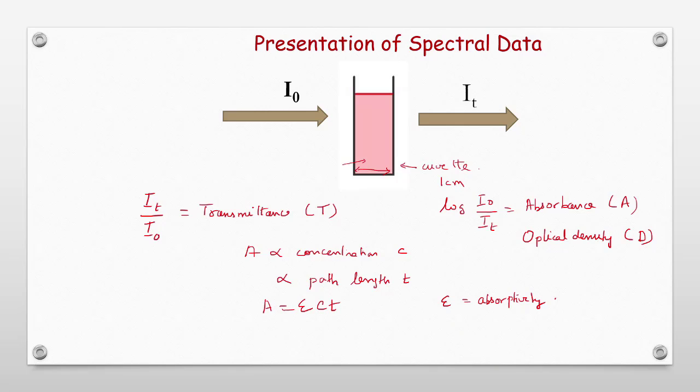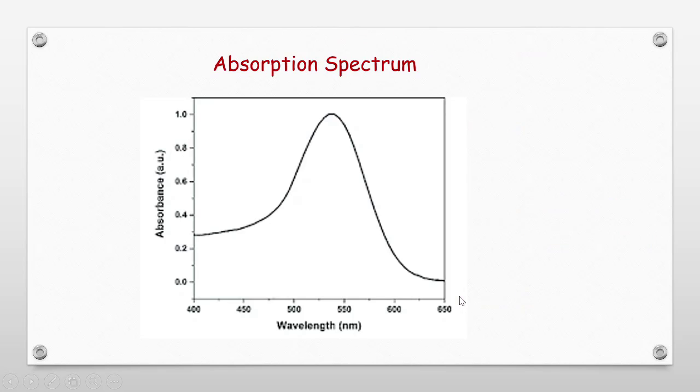Now the instrument used for measuring UV visible spectroscopy is called a UV visible spectrometer. And the absorption spectrum is obtained by plotting absorbance along the y-axis and wavelength along the x-axis. And wherever absorption is taking place, you are getting a peak.